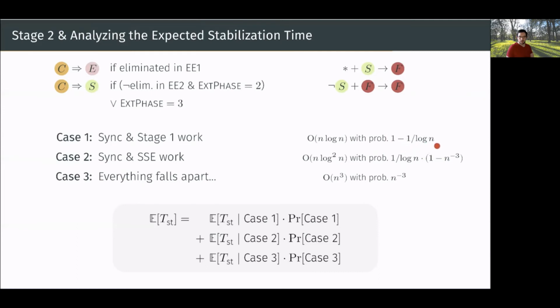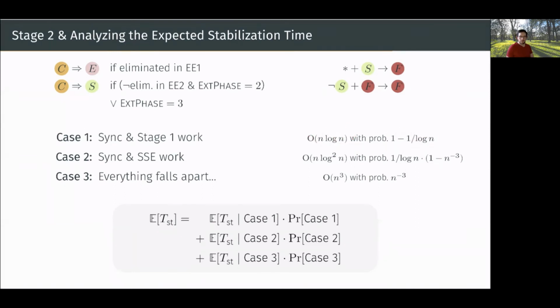The probability is 1 minus 1 over log n. So, for example, to build up this new population of n to the 3 over 4, we get this probability that this works out. And if this works out, we can show that our overall protocol will elect a leader in expected time n log n interactions. So together, this gives us a contribution of n log n to the expected stabilization time of our protocol.